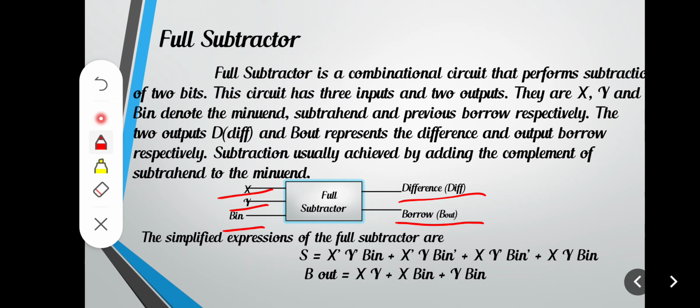The 2 outputs, difference and borrow, represent the result respectively. The subtraction is usually achieved by adding a complement of the subtrahend to the minuend. The simplified expressions of the full subtractor are: this is the expression for difference and this is the expression for borrow out.